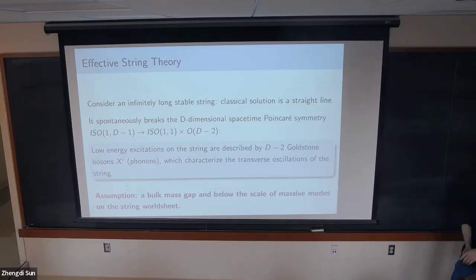We want to describe the low energy excitations on the motions, and this is known to be described by d-2 Goldstone bosons which characterize the transverse oscillations of the string. And this is true only under the assumption that we have a bulk mass gap, so it is not conformal, and also that we are below the scale of the massive modes on the string motion. We will soon see later that the second assumption will break down for the SU(N) Yang-Mills theory. But we still have a way to remedy this assumption.